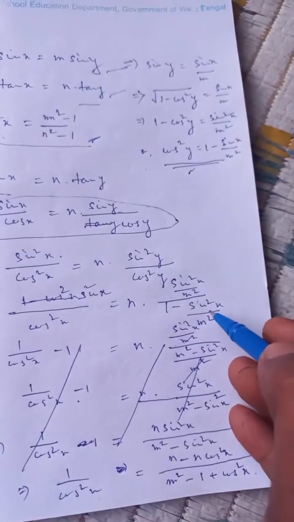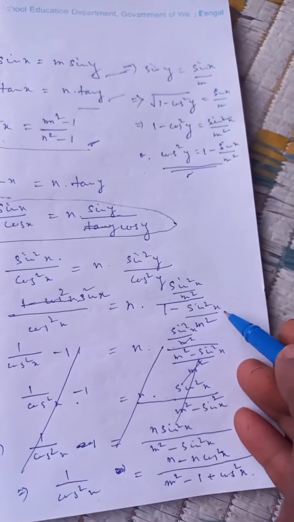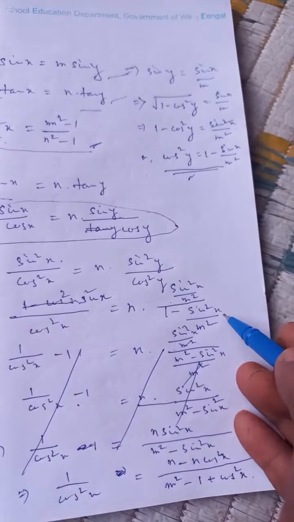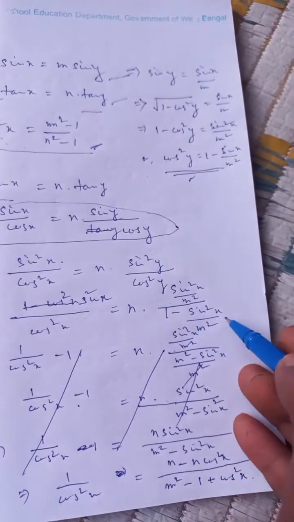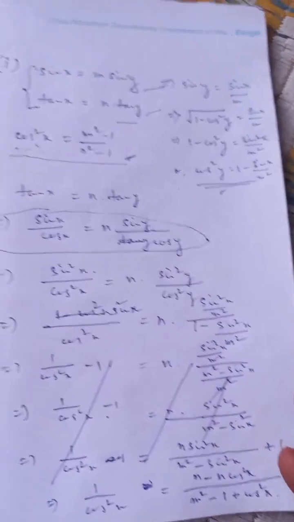Here also this is sin square x, but here it is 1 minus sin square x by m square. Minus cos square x.